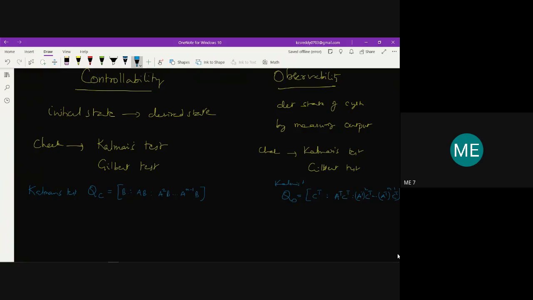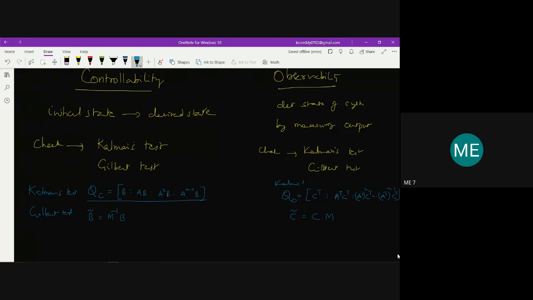So this is Kalman's test for observability. For the Gilbert test, we find out the B matrix as M inverse into B, and here we find out the vector C matrix, which is C into M. When the rank of QC is equal to the order of the matrix, then we can say the system is completely controllable.